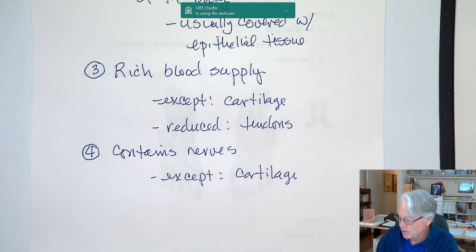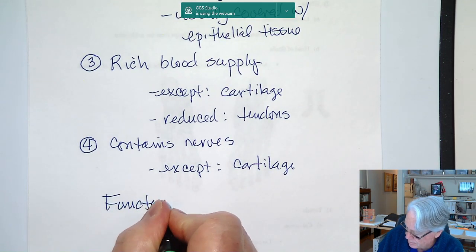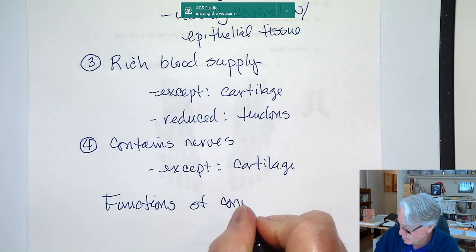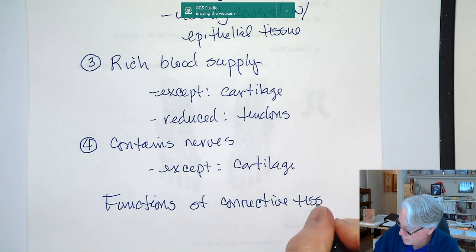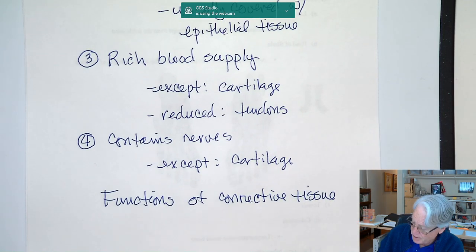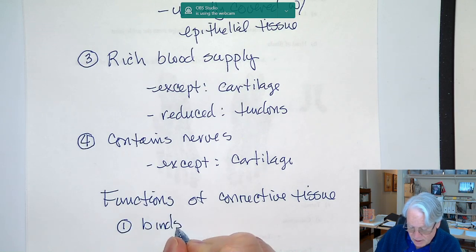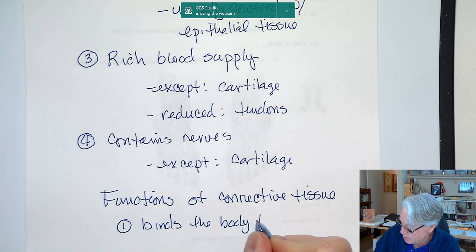Let's take a look at some of the functions of connective tissue. Okay. Number 1, it binds the body together.